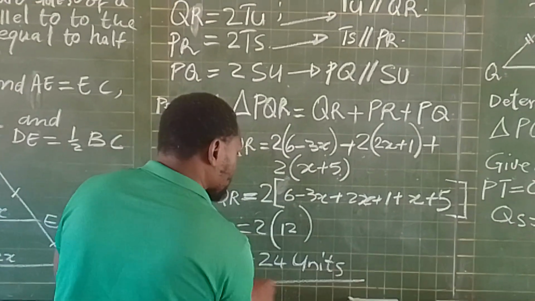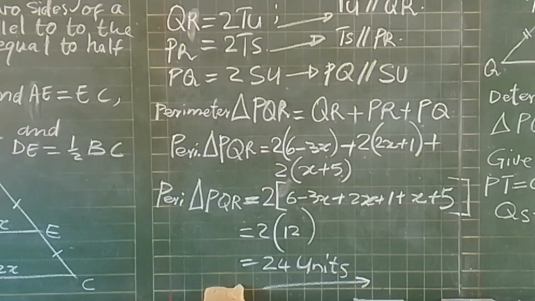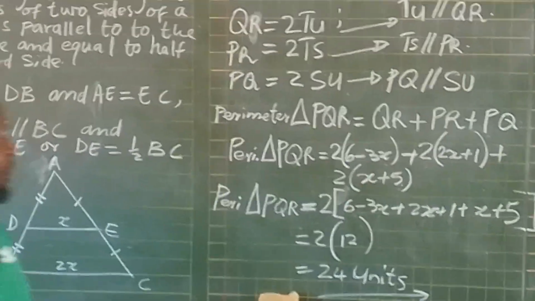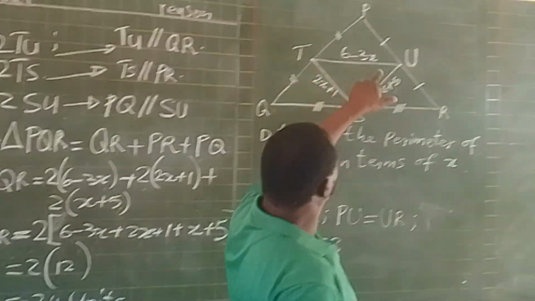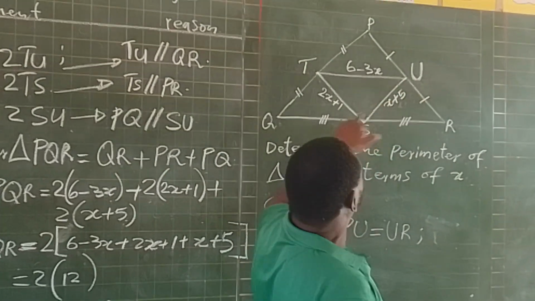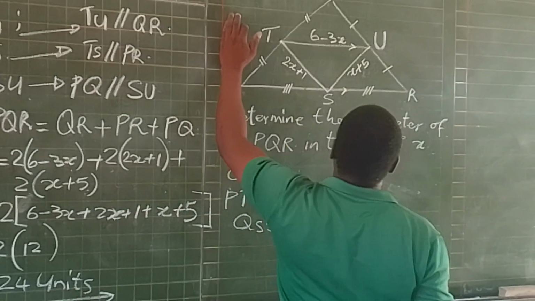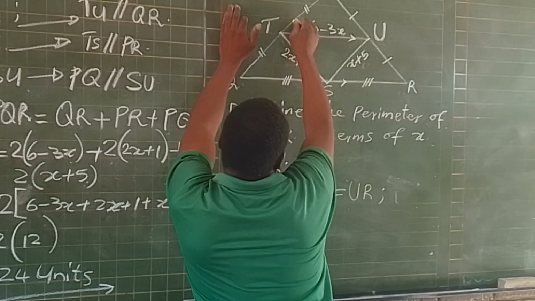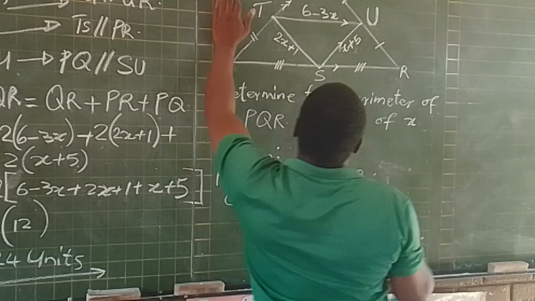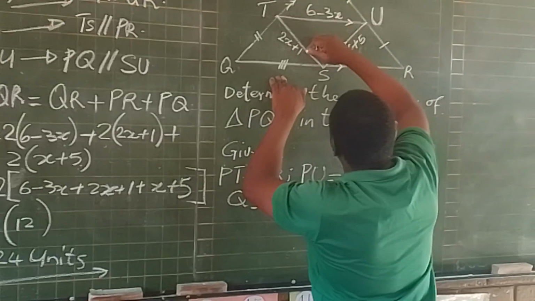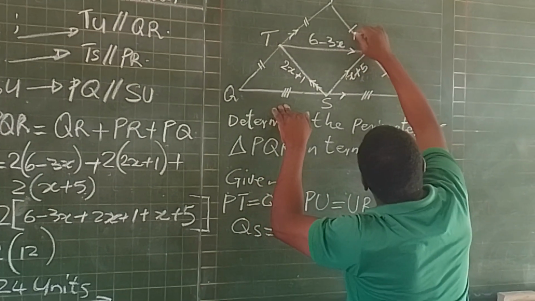So here is your perimeter of triangle PQR. Please make sure that you practice this, because this side TU is parallel to that side, this side is parallel to that side, and this side is parallel to that side.